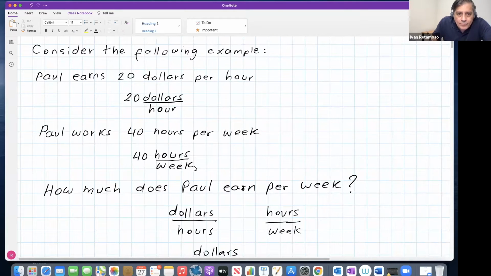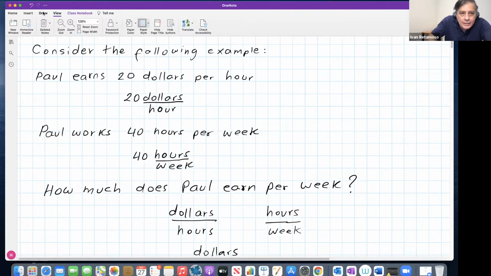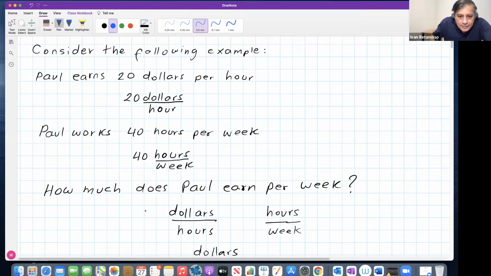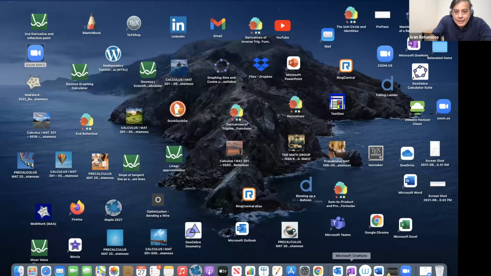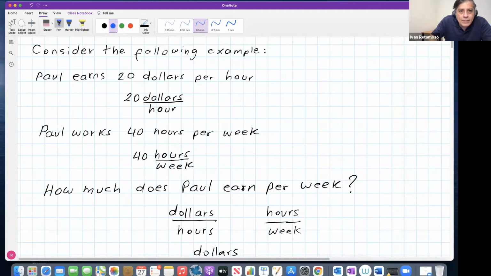Not hard to see that if we multiply these two rates, $20 per hour, and then times the other rate, which is 40 hours per week, we should be able to figure out the answer to this question.